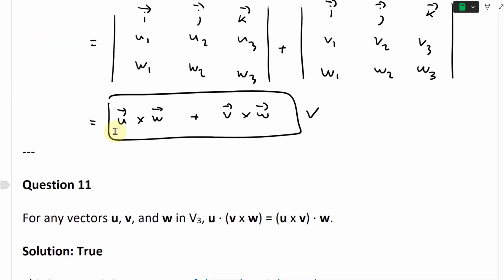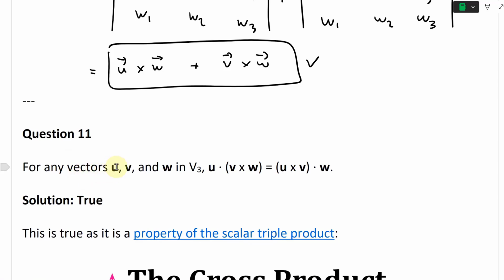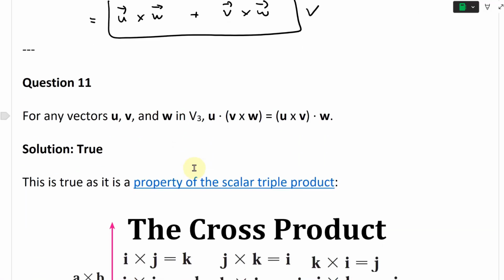All right, so now let's take a look at question 11. So for any vectors u, v, and w in V3, or the set of all points in 3 dimensions. Now we're given u dot, and then v cross w, and these are in brackets. They're saying that this is equal to, right here, bracket u cross v dot w.